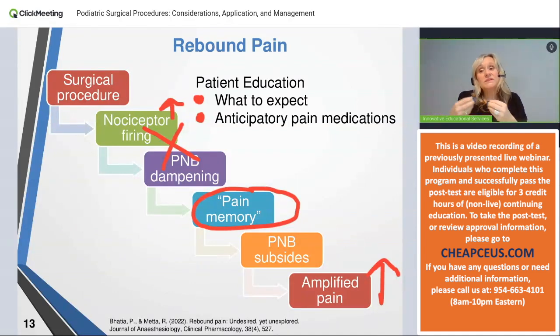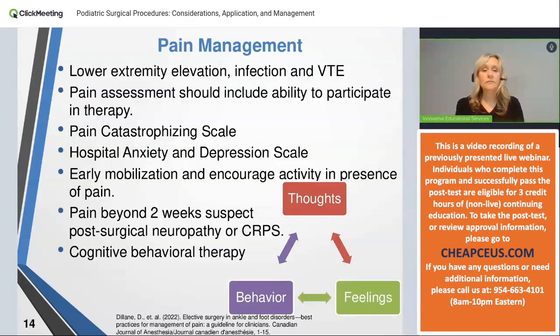Otherwise, unfortunately, we see the opposite happening where there's greater use of those opioid medications. And some of you, I can feel the head nods with this. Educating certain patients on this, because it's abstract, we need to get them to buy into it and believe it and know that it happens, because we don't want them to end up in that rebound pain situation.